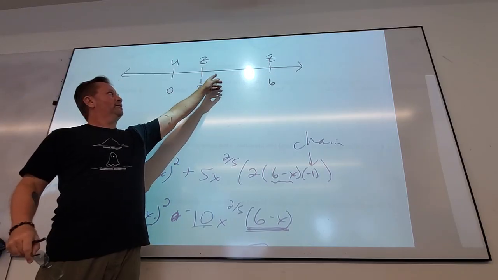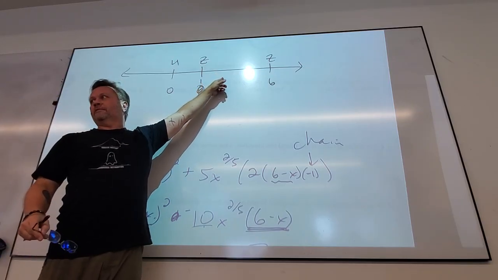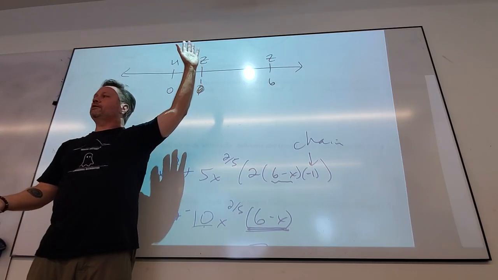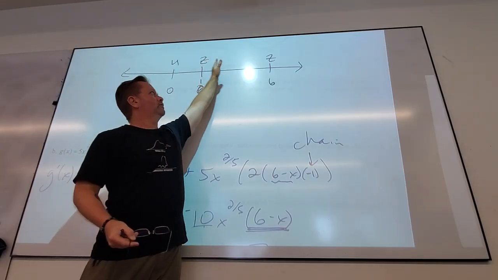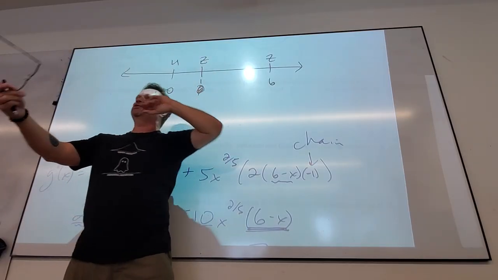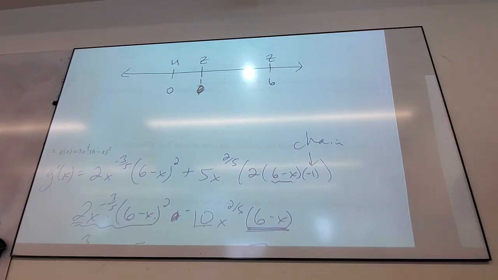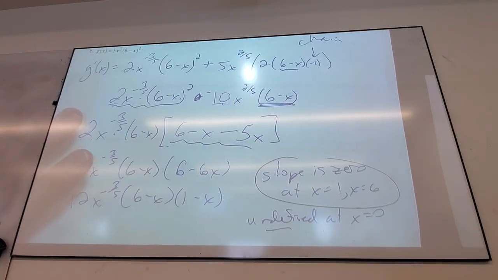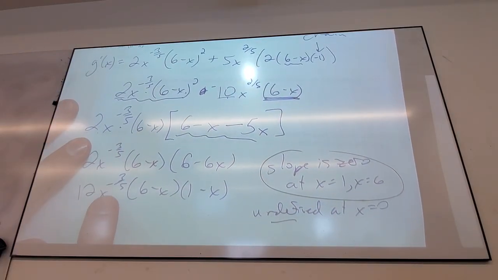If I plug in 2, I can see if it's positive or negative, and then it's going to be that throughout the whole region. In fact, do this for me. Can you plug a 2 into this? Now watch what you can do. 12 is always positive. When I plug a 2 into this, do I get positive or negative output?